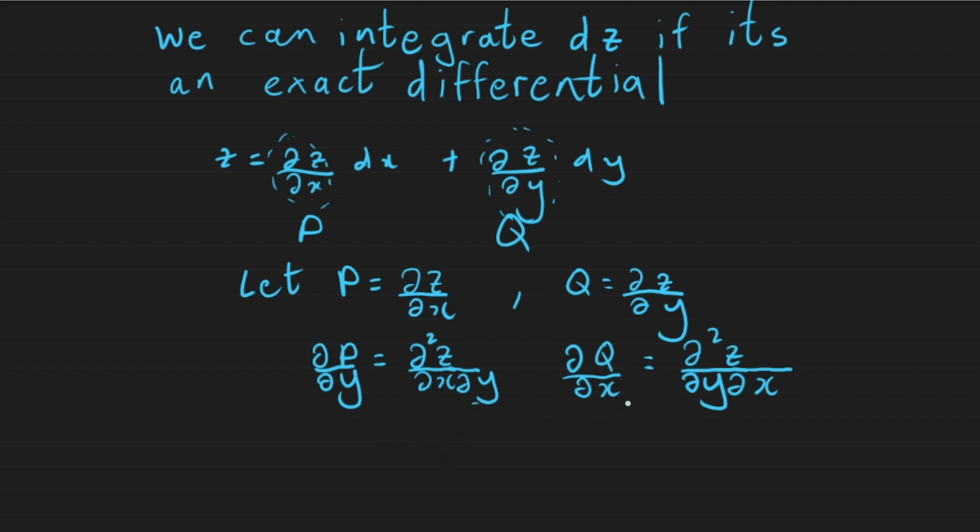So since mixed partials are equal, we can say that dp/dy is equal to dq/dx. This is how we determine if it's an exact differential. We simply take p, which is dz/dx, differentiate that with respect to y, then we take dz/dy, differentiate it with respect to x, and then we check if they're the same. If they are the same, then it means that it's an exact differential.